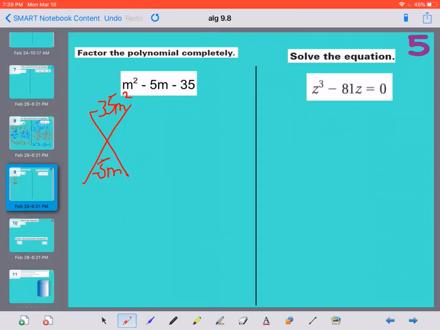so what adds to negative 5 and multiplies to negative 35? Well, negative 35 I know has 7 and 5. It has 35 and 1. Let's see, what else does it have?